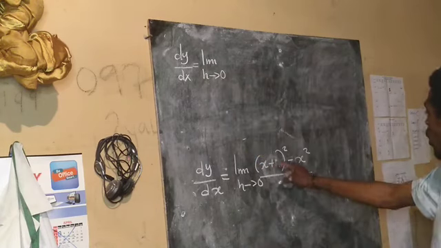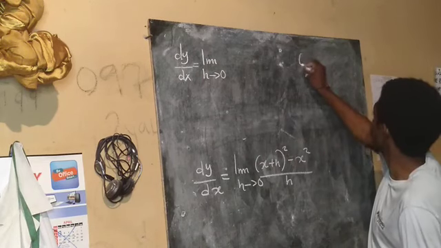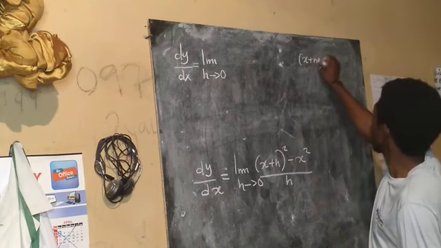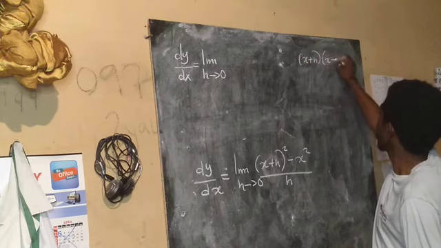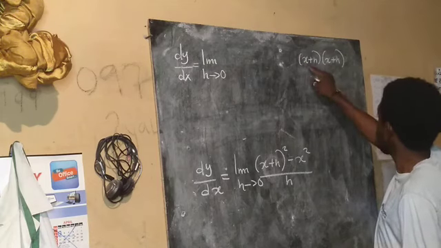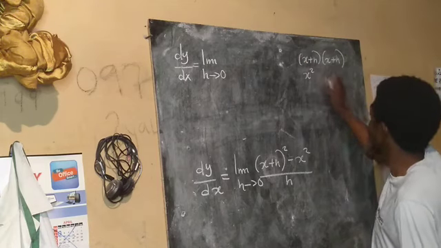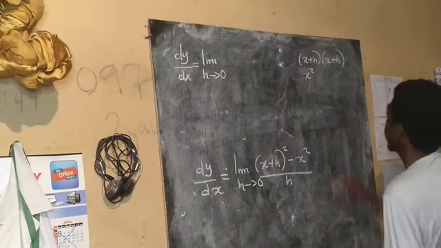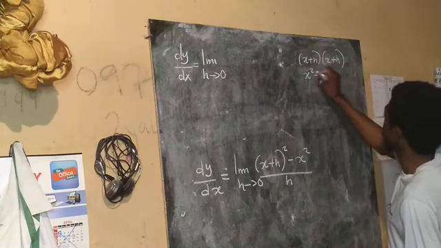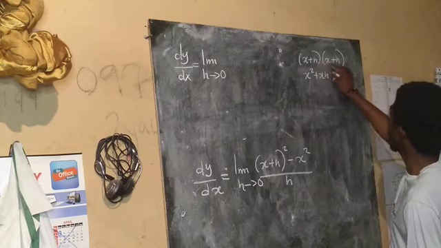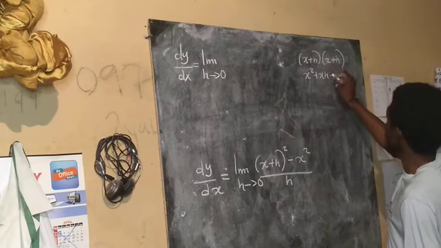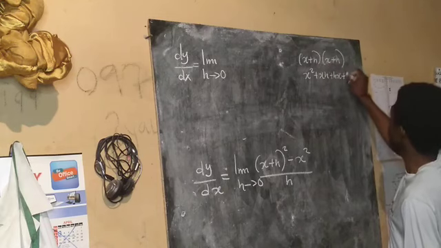When you expand this, the meaning of x plus h, again x plus h, so x times x, that is x squared, then x times h, that is plus xh, h times x, that is hx, plus h squared.